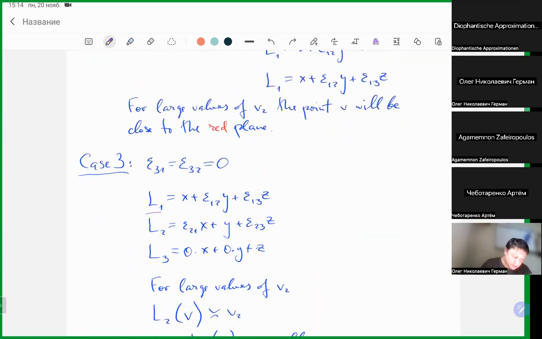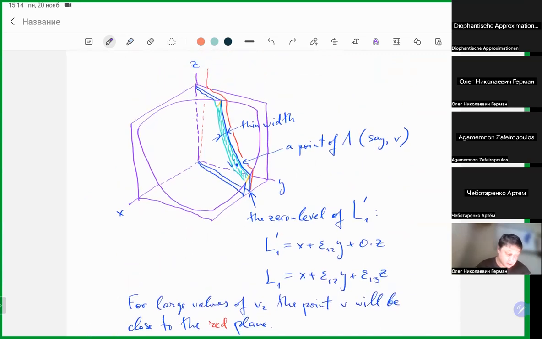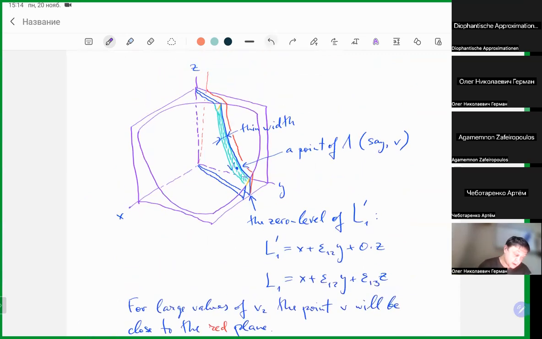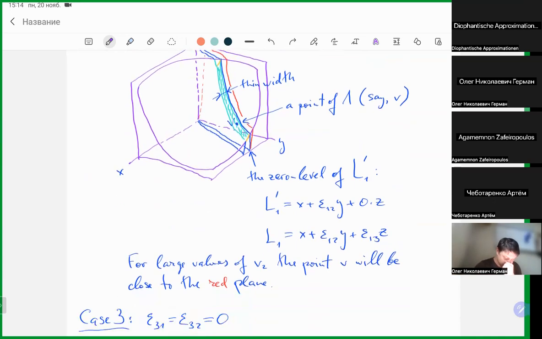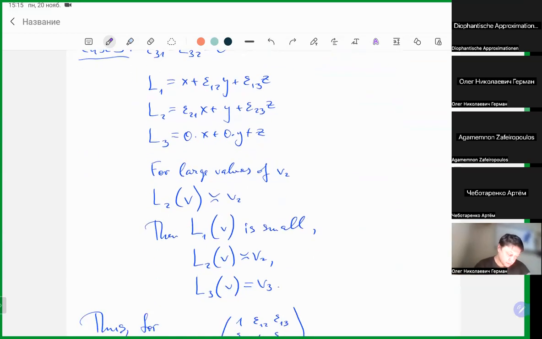As for the second linear form, V happens to have a very large second coordinate, so the deviation of this second coordinate will not change it much.